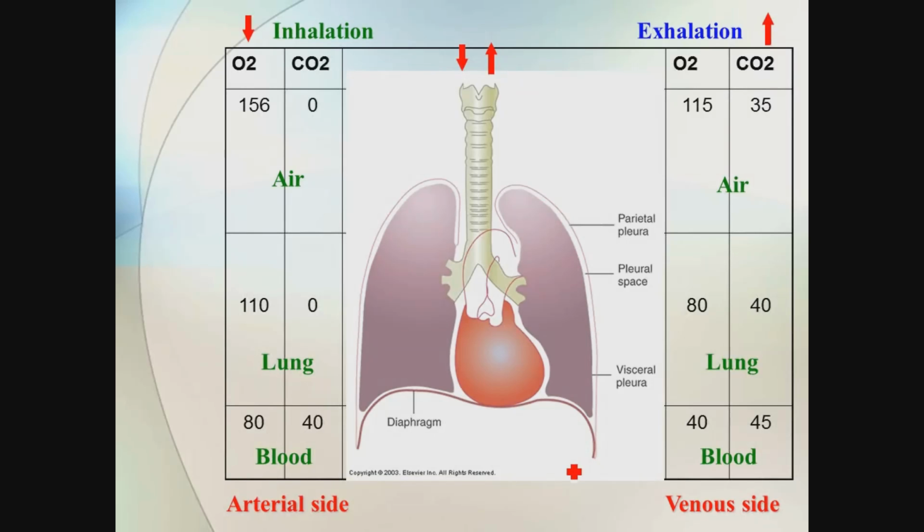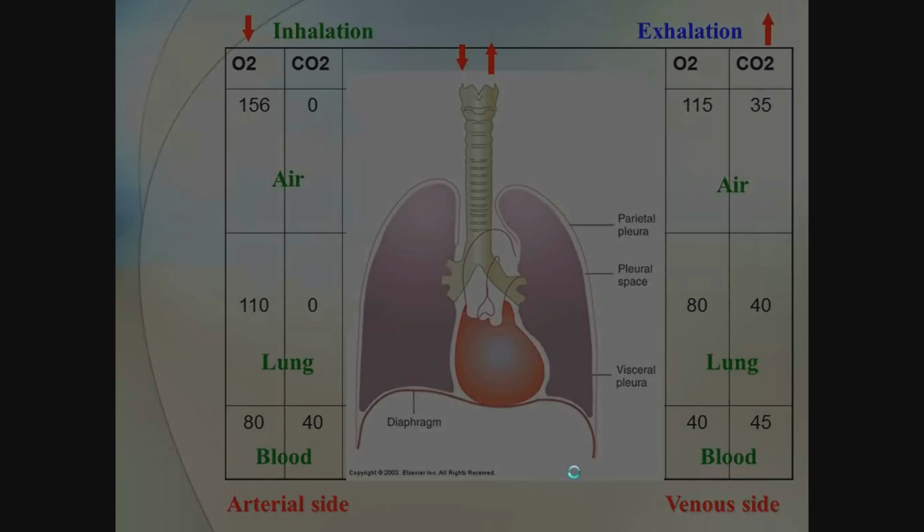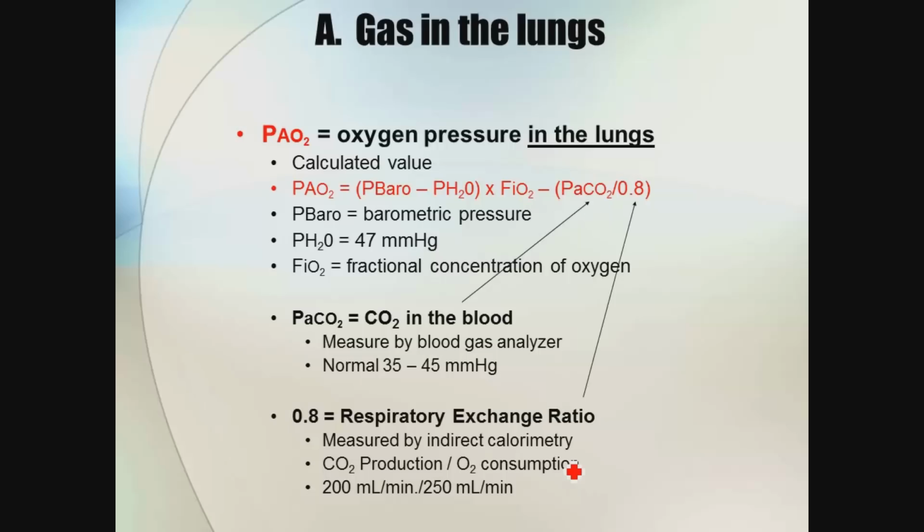We know how to calculate the alveolar air equation. And that 0.8 that is there, again, is something called the respiratory exchange ratio or the respiratory quotient. Technically, they're different, but for our purposes, we're going to use them interchangeably.